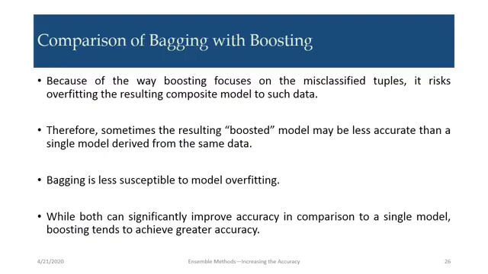Therefore sometimes the resulting boosted model may be less accurate than a single model derived from the same data. Bagging is less susceptible to model overfitting. While both can significantly improve accuracy in comparison to a single model, boosting tends to achieve greater accuracy.